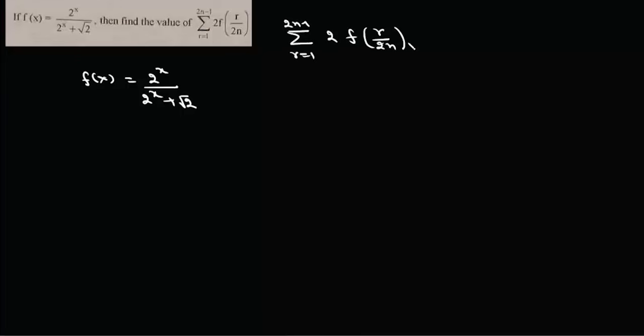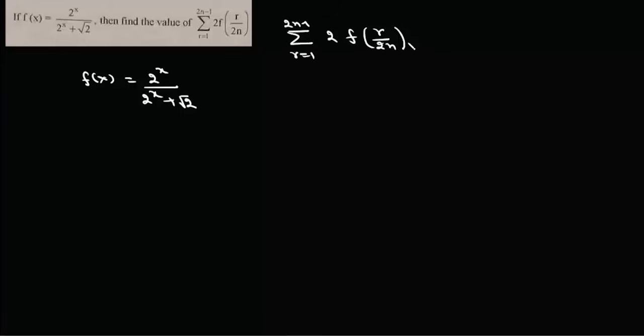Now here the question is, we are given this function f(x), which is 2 to the power x upon 2 to the power x plus root 2, and we need to find this summation r varies from 1 to 2n minus 1 of 2 times f(r by 2n).